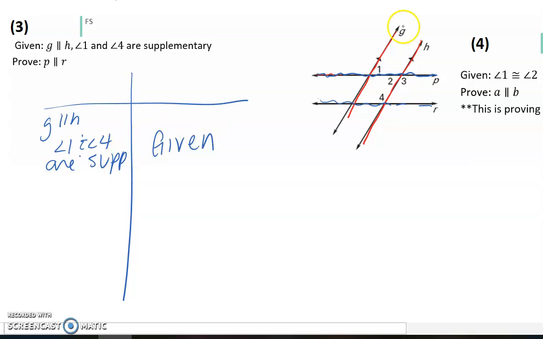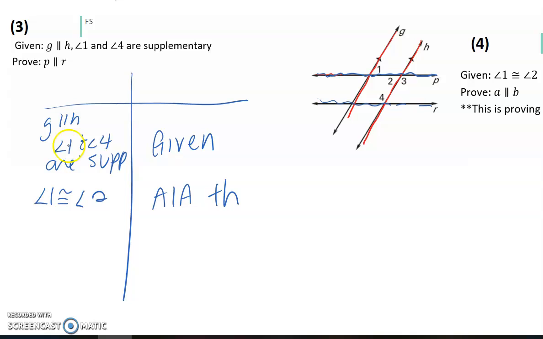So G, I'm definitely going to angle 1, 2, alternate interior angle theorem. I'm going to get that. Oh, it's kind of silly. Right there's enough. 1 and 4 are supplementary. 1 is congruent to 2.